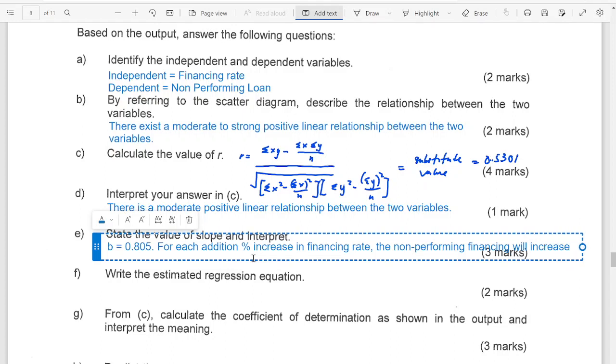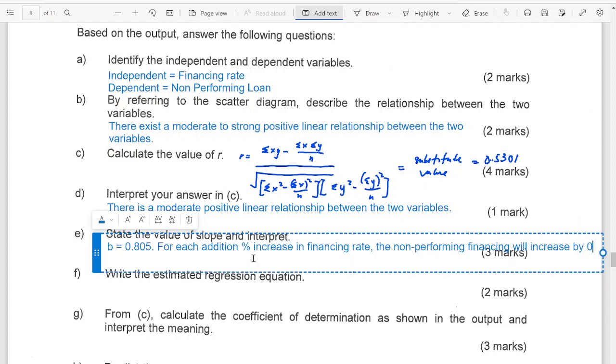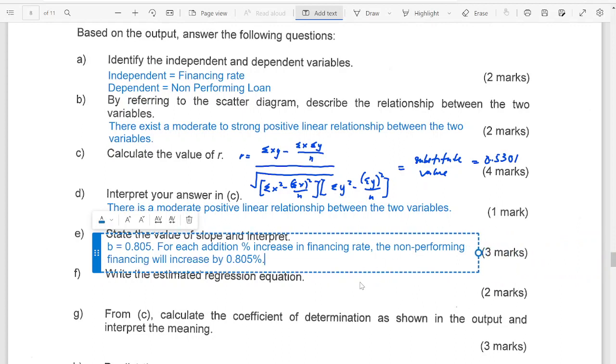Kenapa increase? Because the value of B is positive. By berapa? 0.805%. Habis. Okay, so that is how you write down the interpretation.